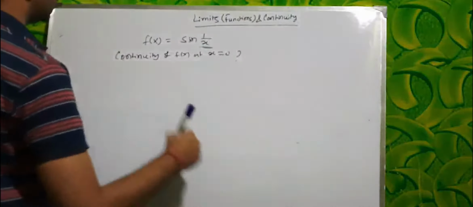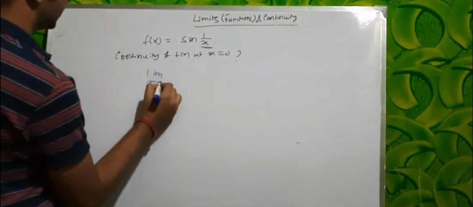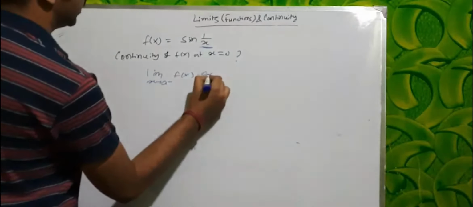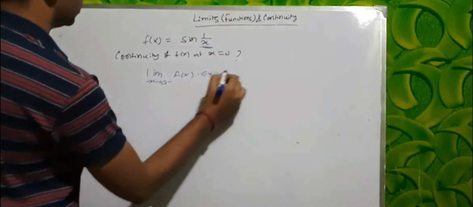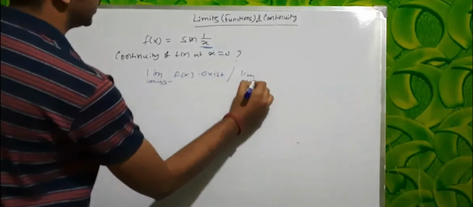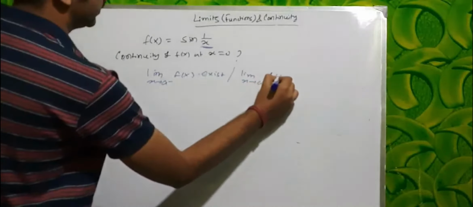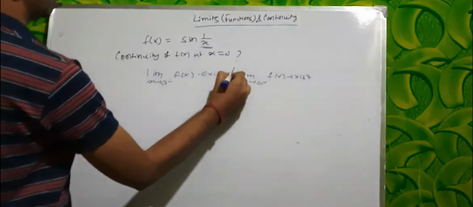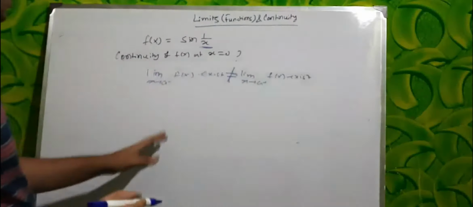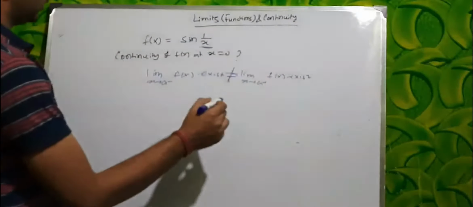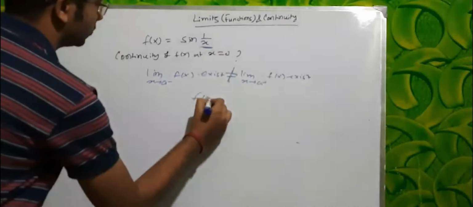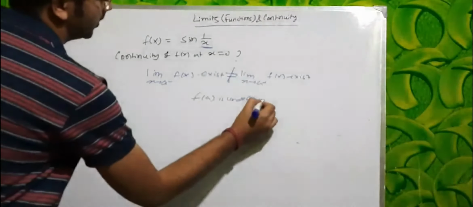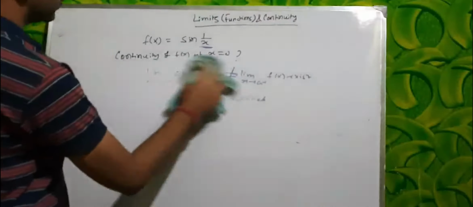Sometimes maybe both these parts exist, like this might exist, and also this might exist, but these are not equal. In that case, it is also a discontinuity, and sometimes f of a is also undefined. So in that case also we have a discontinuity.